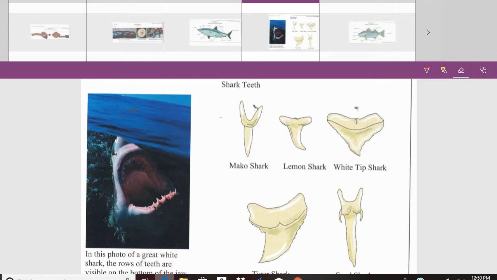Sharks can be very small. The smallest shark is only about 6 inches long, but the largest sharks can be up to 60 feet long. Sharks have these teeth because most sharks are carnivores, but some are not, and some of them will filter plankton.